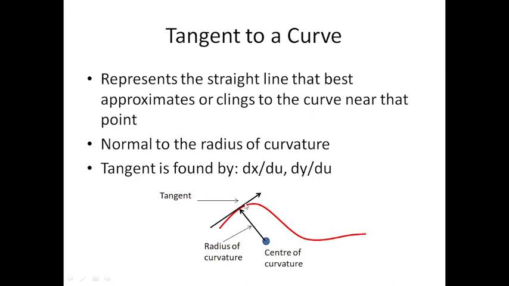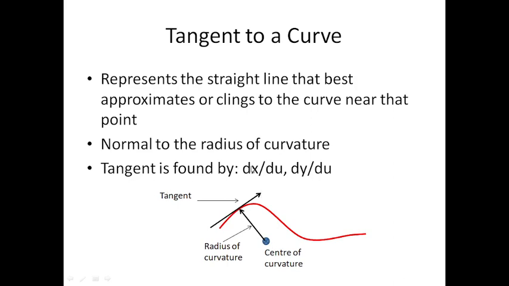This is nothing but a straight line which best approximates the adjacent area of this curve about this point. Okay, so this is normal to the radius of curvature. So if you have the center of curvature, and you have the radius of curvature, this will be perpendicular to this normal.